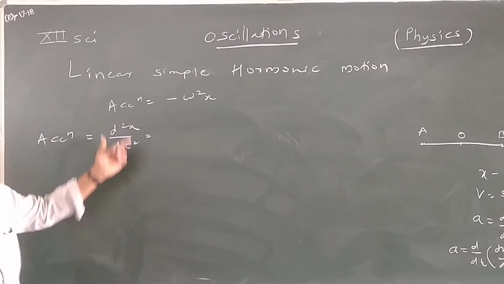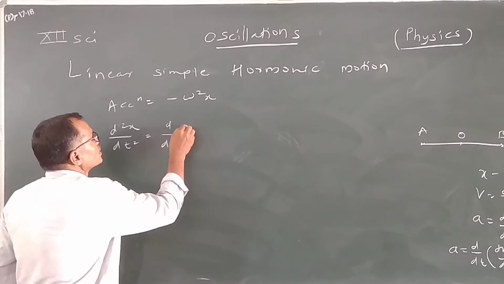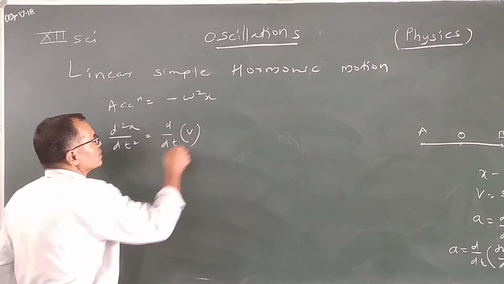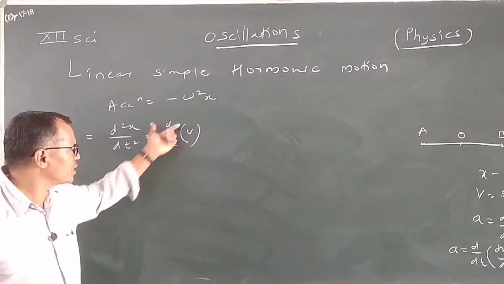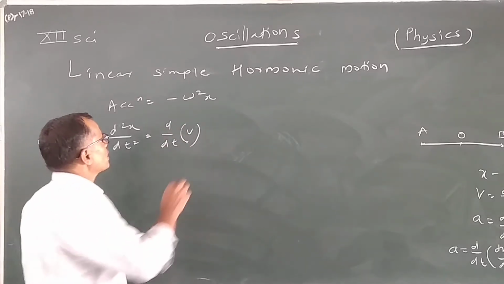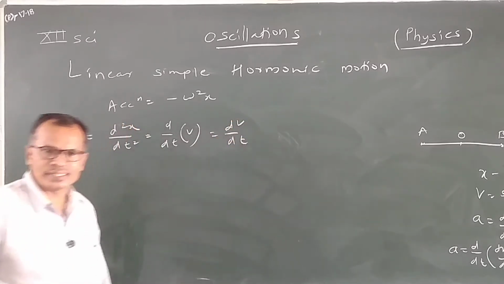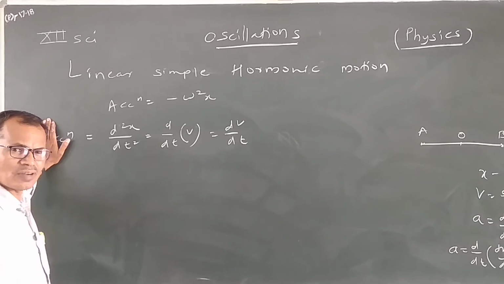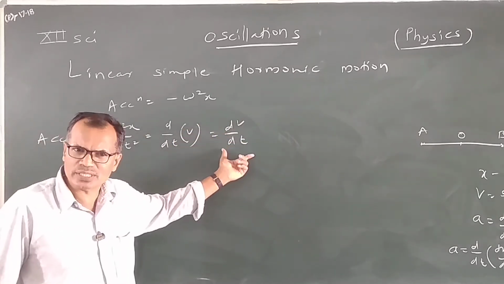Acceleration means d by dt of velocity. That is dv by dt is called acceleration. So we can write that it is equal to dv by dt, means acceleration is equal to d square x upon dt square is equal to the rate of change of velocity.